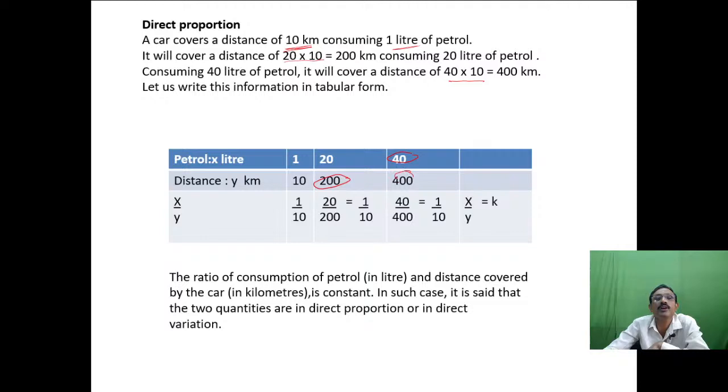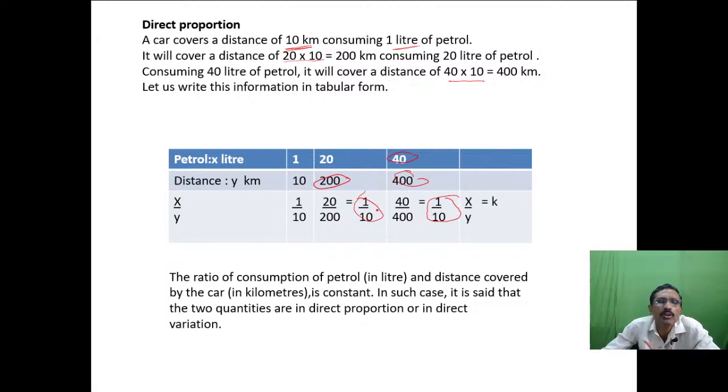Now if you see here, the ratio of the consumption of petrol and the distance covered by the car: the consumption of petrol is in liters and the distance covered is in kilometers. Here you have 1 upon 10, and here you have got 1 upon 10.